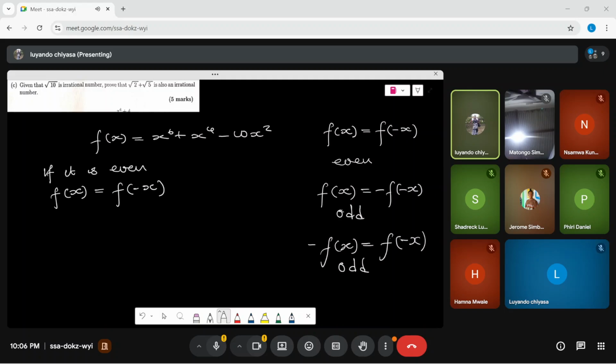So we need to find what f of negative x is. You know that f of negative x is just where you see x in the original function, you replace it with a negative x.